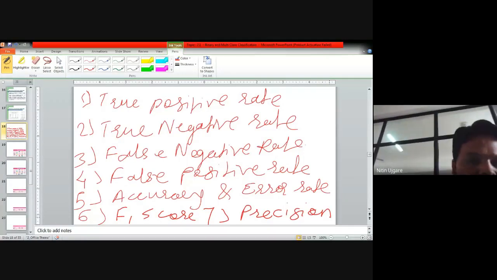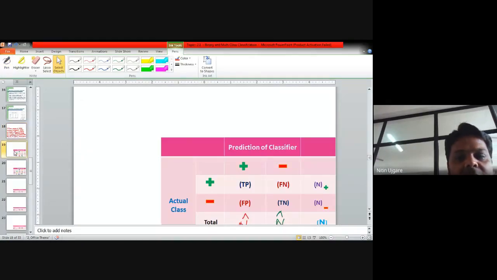Okay, so let's take one example and see how we can define these terminologies. Because we are assessing the performance of a binary classifier, the corresponding confusion matrix will be of size 2 by 2.